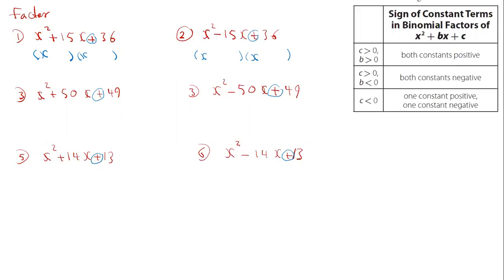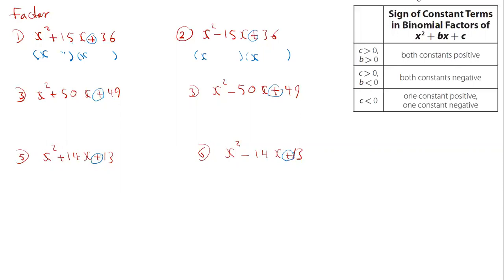Ask yourself, what is the sign of the last term? Positive. So we have to find two numbers whose product is 36 and whose sum is 15.